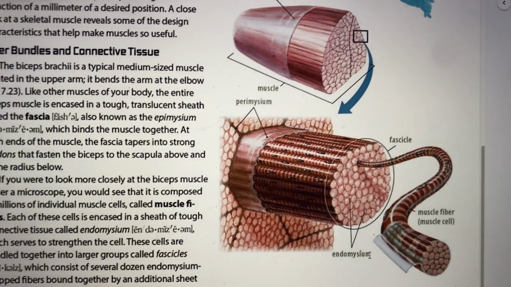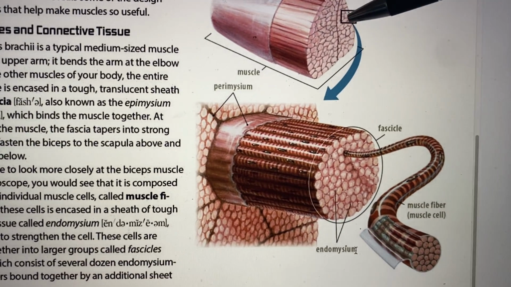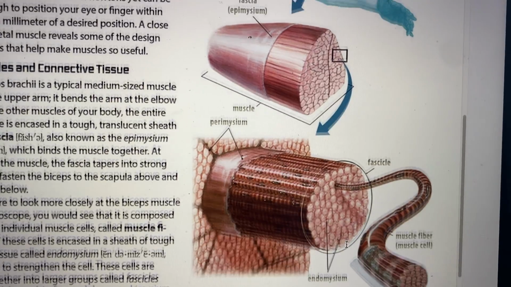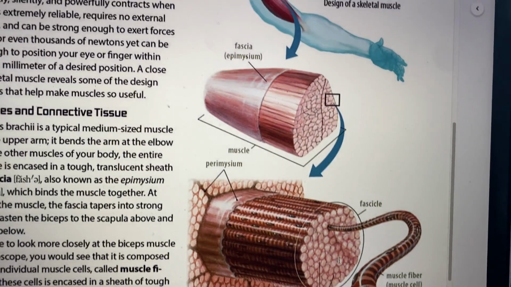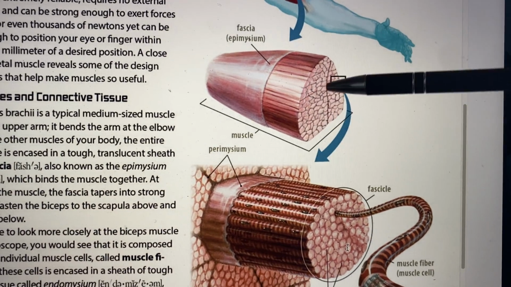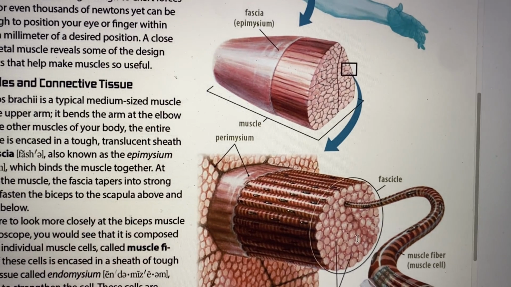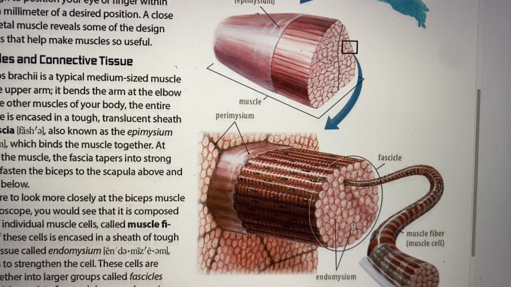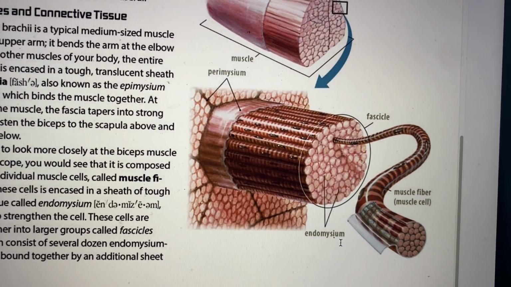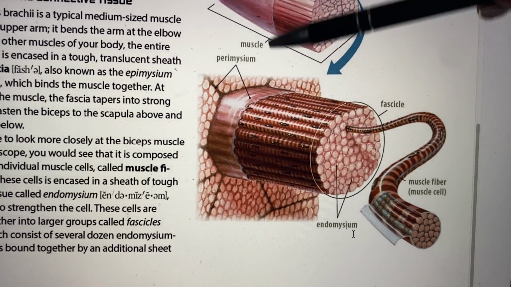So now we're going to take from this bundle that we're talking about, the fascia of the muscle. See how it comes from the arm down to that little piece there? Now we're going to take one of these tiny pieces and magnify it. And this is the way it looks. There's the perimysium now. It's not epimysium anymore, it's perimysium.